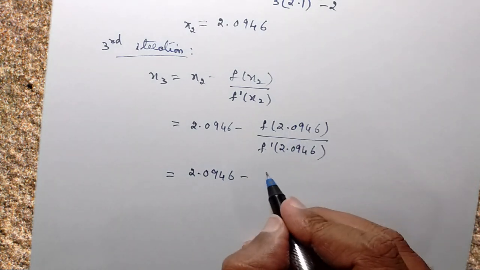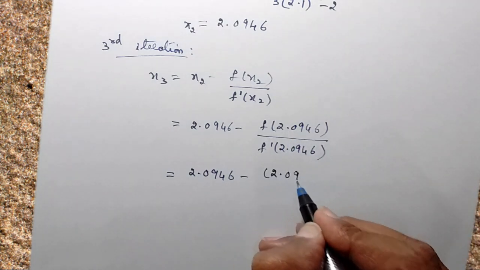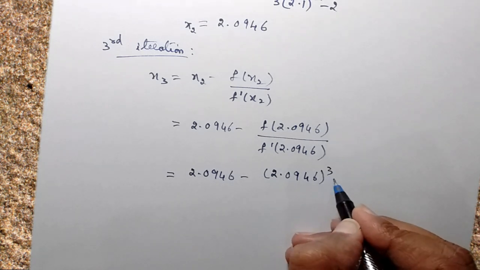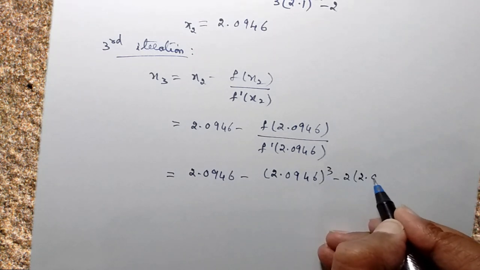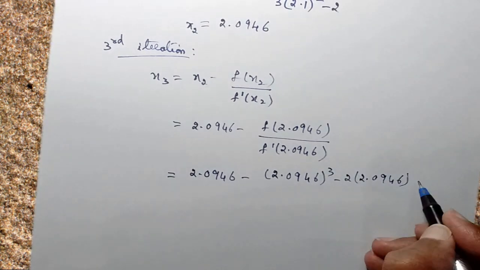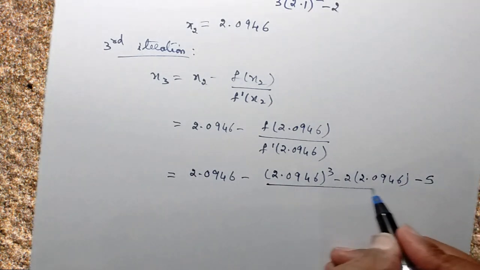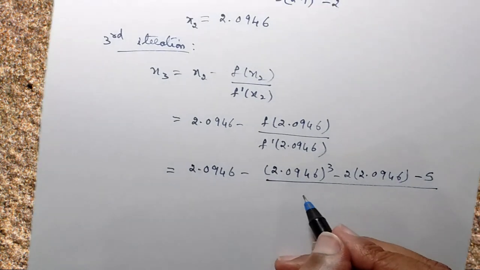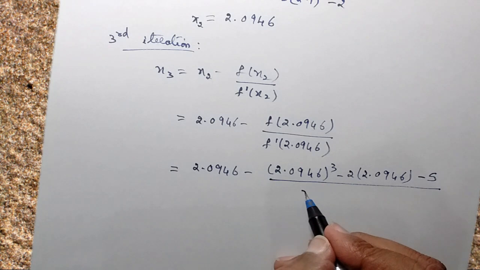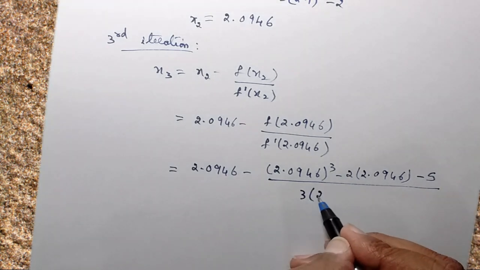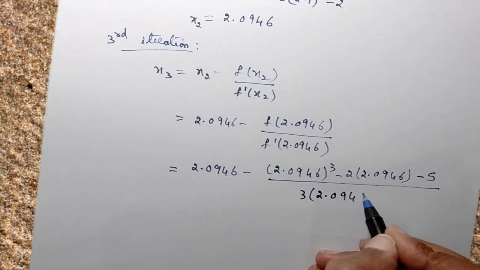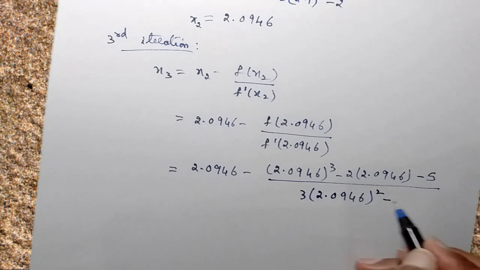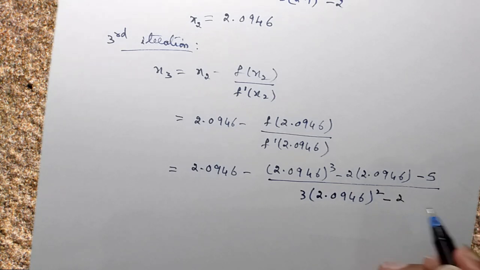So in place of x you have to put 2.0946 whole cube minus 2 times of 2.0946 minus of 5 whole divided by f dash value you already know, you can just check it, 3x square minus of 2. So 3 times of x value over here is 2.0946 whole square minus of, it is 2.